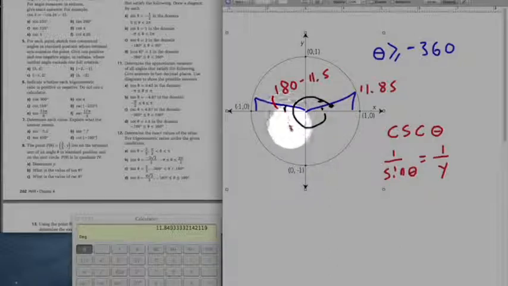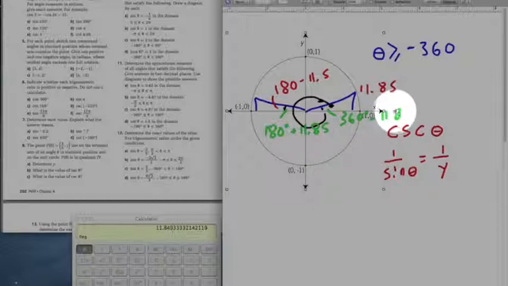So this one here, let's do this in green, when you're in the negative direction is going to be negative 180 plus 11.85, and then all the way around to negative 270 plus this distance. So the best way to describe that one would be negative 360 degrees minus 11.85.